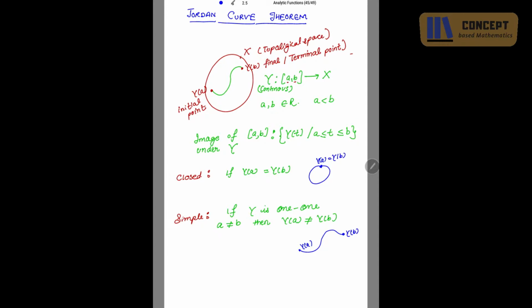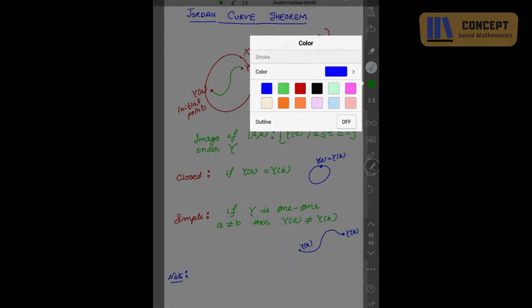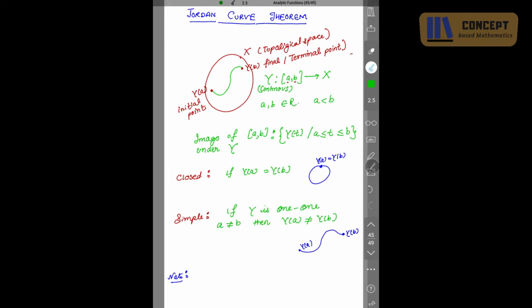So now comes the Jordan curve theorem. There is a note over here. If you look at this geometrically, that is your simple curve. Geometrically, your curve should not intersect itself.